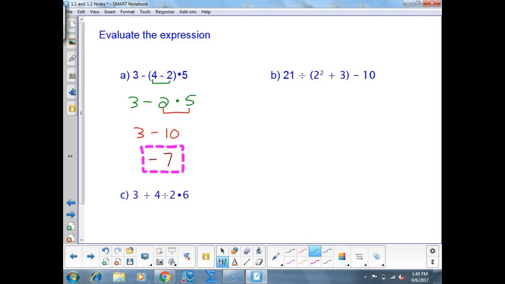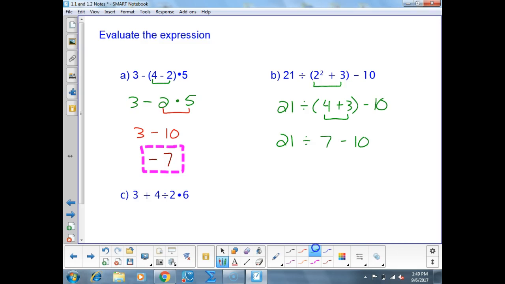Over here on this one, I would deal with what's inside my parentheses first. So this would become 21 divided by 4 plus 3 minus 10. Then this would become 21 divided by 7 minus 10.